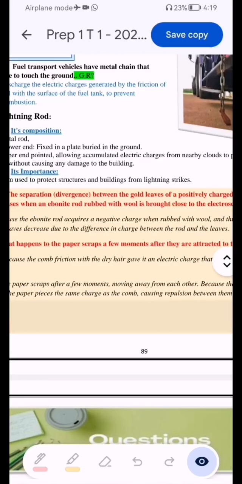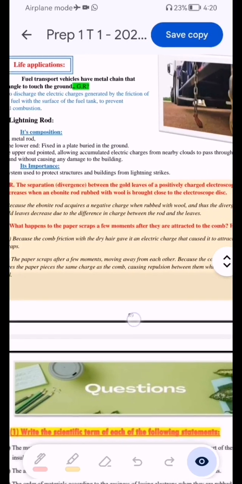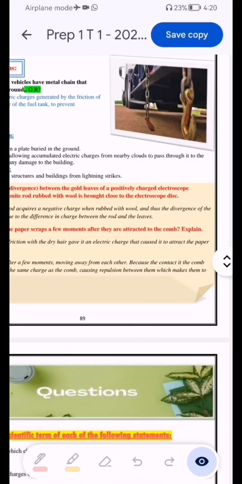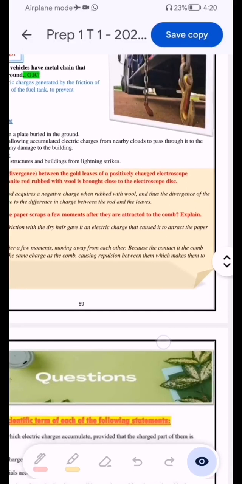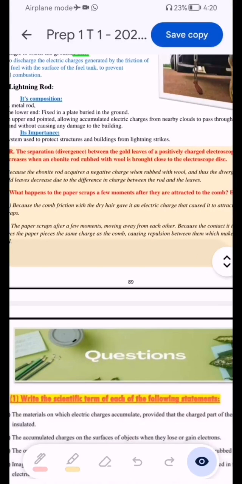The device has positive charge and the ebonite has negative. The divergence between the leaves will decrease. We said with different or opposite charges, the divergence will decrease. So the answer: because the ebonite rod acquires a negative charge when rubbed with wool, and thus the divergence of the gold leaves decreases due to the difference in charge between the rod and the leaves.